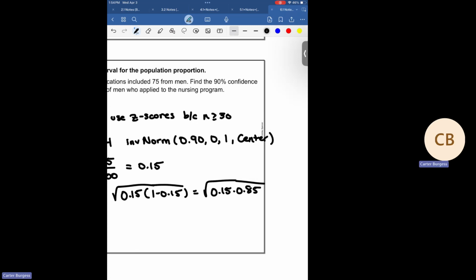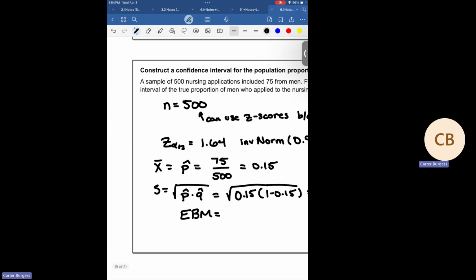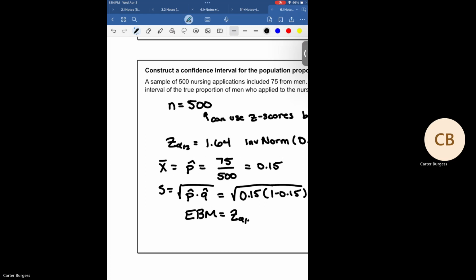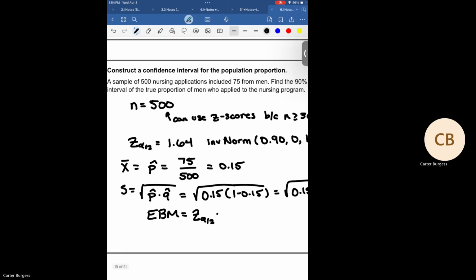You have to use the z-score times sigma over the square root of n, if we knew sigma. But if we don't, then we use s over the square root of n.